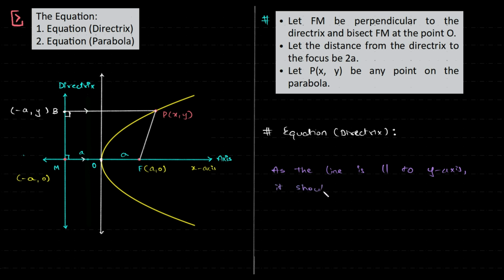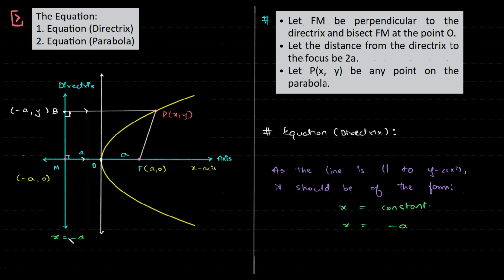It should be of the form x equal to a constant. Is it not? So x has to be equal to minus a, and that constant is minus a. So this line is x equals minus a. That is your equation of the directrix for this particular case.